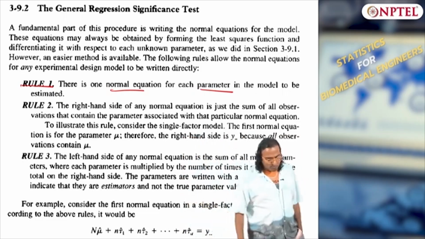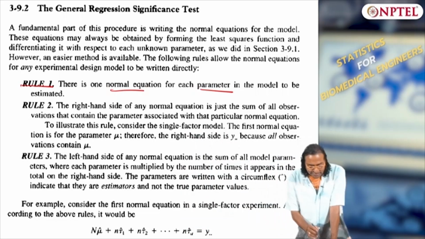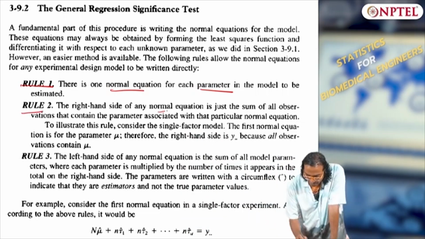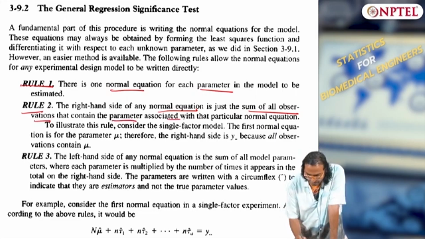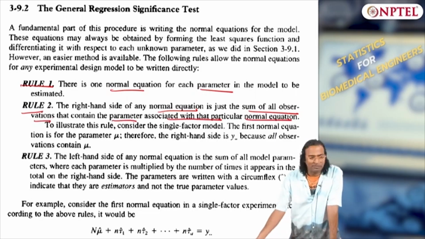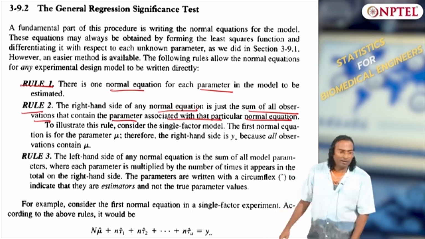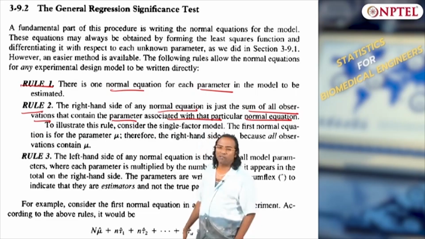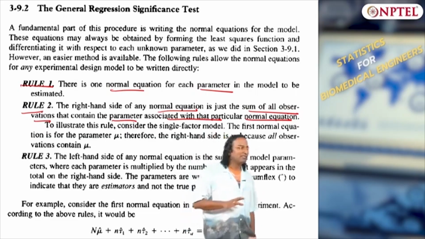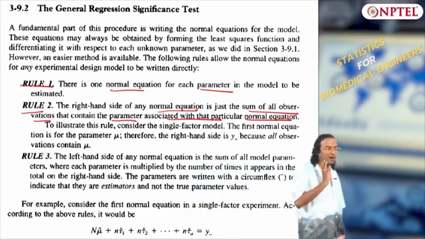And rule number 2: the right hand side of any normal equation is just the summation of all observations that contain the parameter associated with that particular normal equation. Let me repeat, the right hand side of the normal equation is the summation of all the observations wherever the parameter is there.